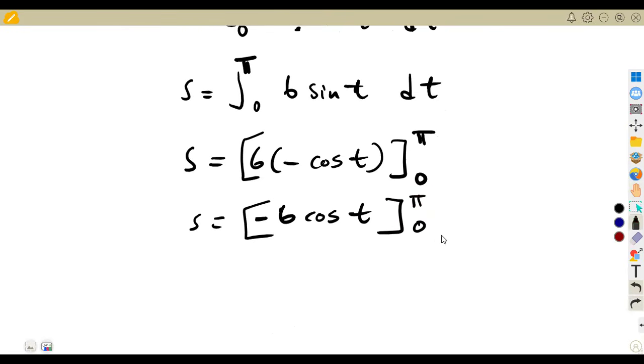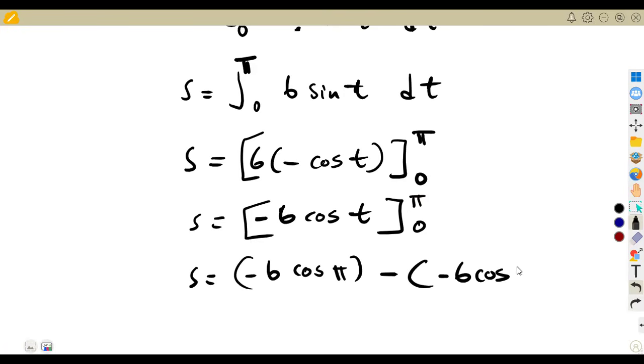So you substitute this, making sure that your calculator is in radians: minus 6 cos of pi, our upper limit, minus the lower limit, which is minus 6 cos of 0. Unless you have to change these to degrees, just change your calculator to radians. That is the easiest thing.